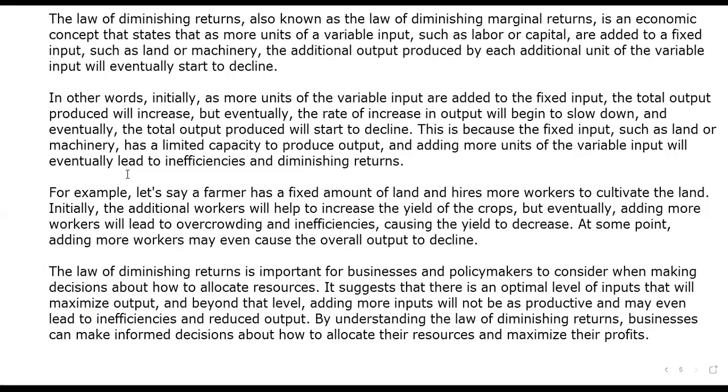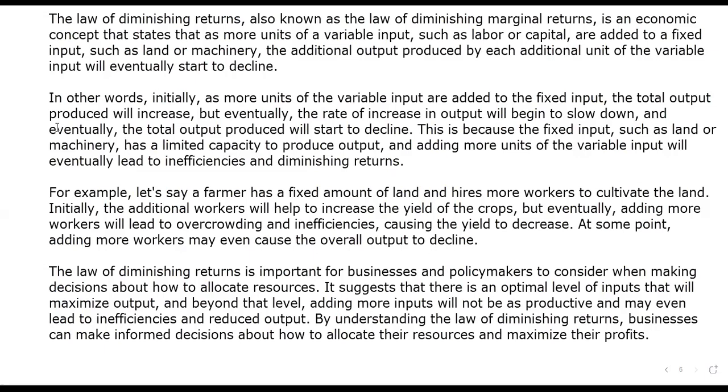It's an economic concept which simply states that as more units of the variable input, such as labor or capital, are being added to a fixed input, such as land or machinery, the additional output produced by an additional unit of the variable input will eventually start to decline.